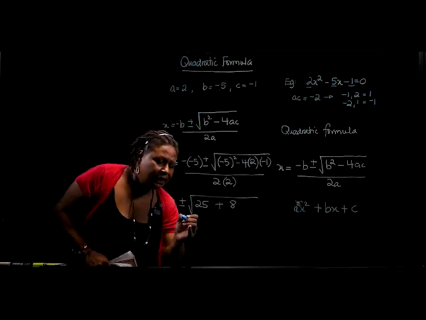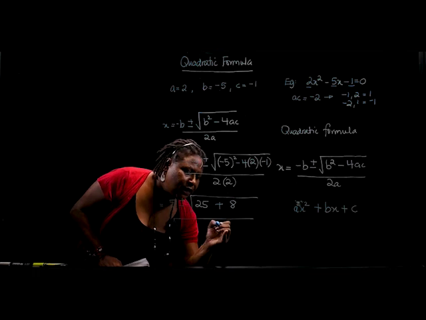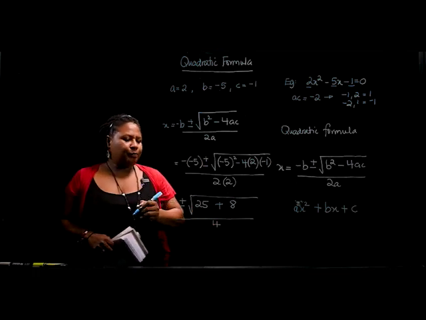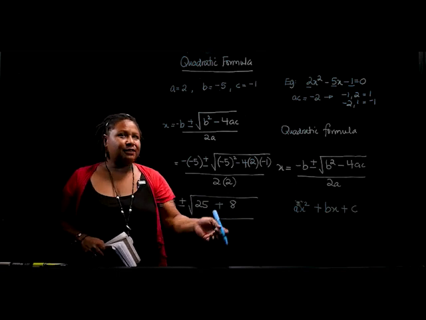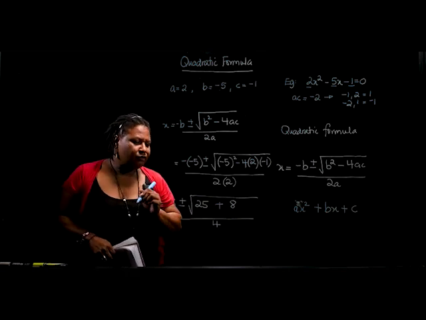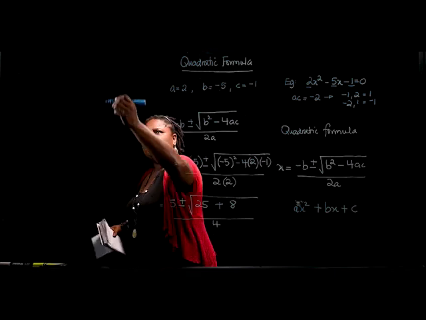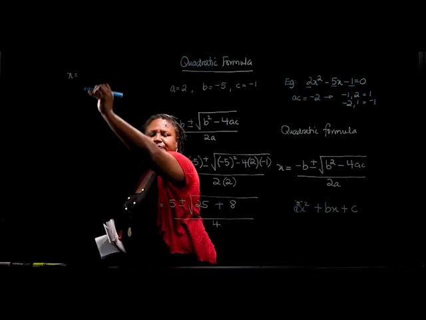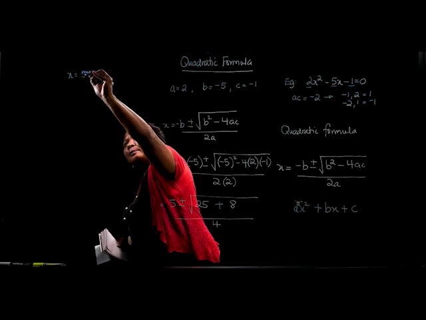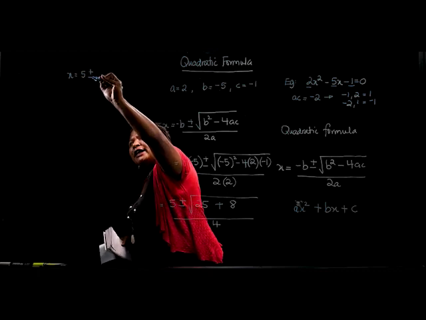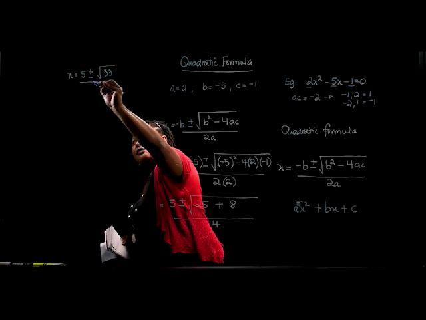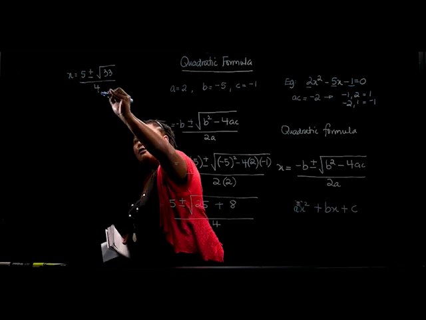That's going to be divided by 4. Now, 25 plus 8 gives us a value of 33. So x is equal to 5 plus or minus the root of 33, divided by 4.